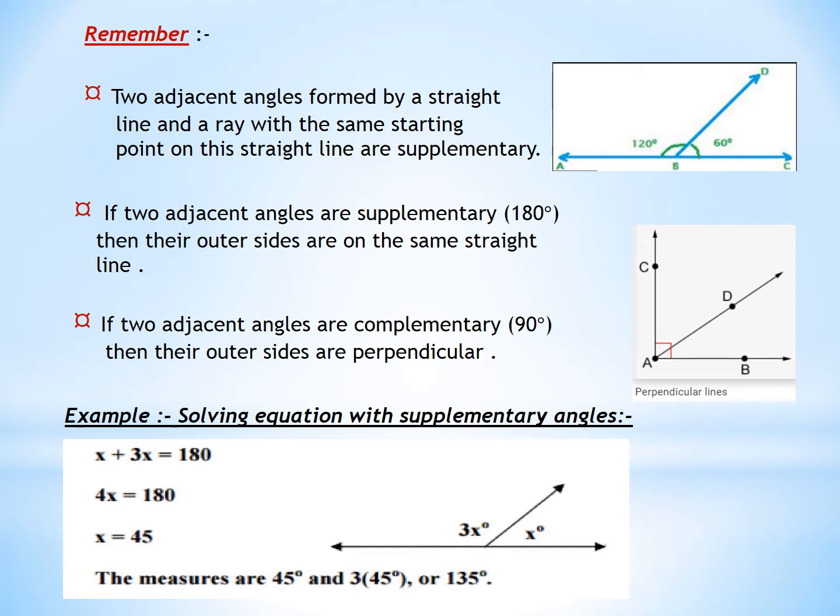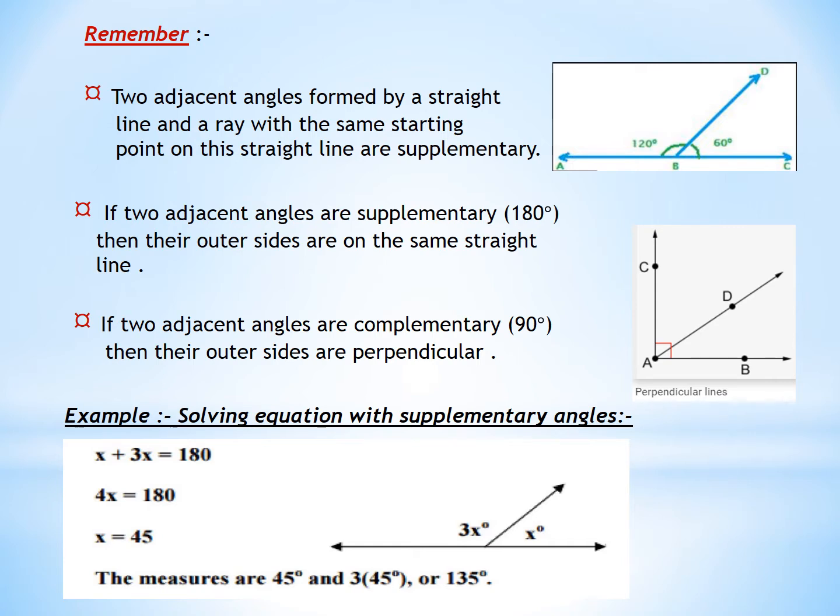Number 2: if two adjacent angles are supplementary، اللي هو برضو 180, then their outer sides are on the same straight line. هو two adjacent angles لما يبقوا supplementary هيعملوا straight angle، والstraight angle الاوتر sides بتاعهم هما الاتنين on the same straight line. يبقى ممكن يجي as a complete: if two adjacent angles are supplementary then their outer sides, ويحط لك dots فتقول له are on the same straight line.